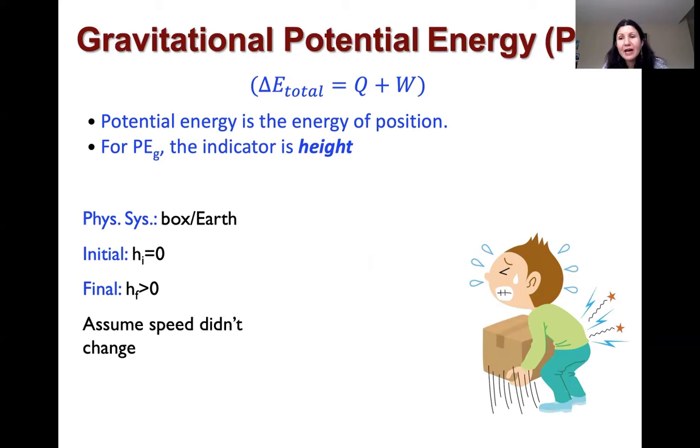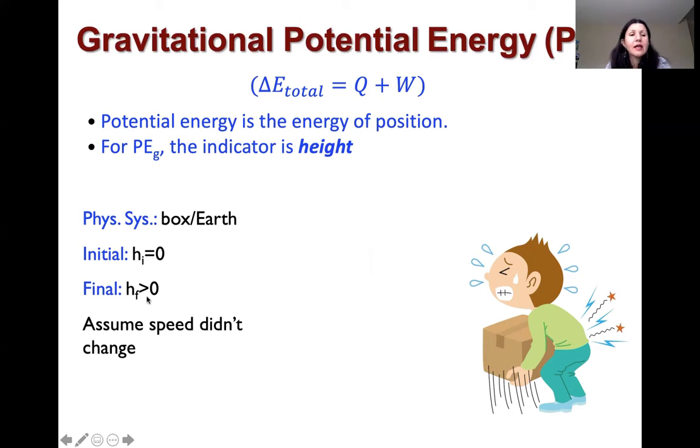If you were in outer space, far away from any effects of gravity, then it would not require any work to move an object in any direction. So it's really that interaction between the box and the earth. The earth wants to pull the box back down. So it's that force between them that's giving it its gravitational potential energy.